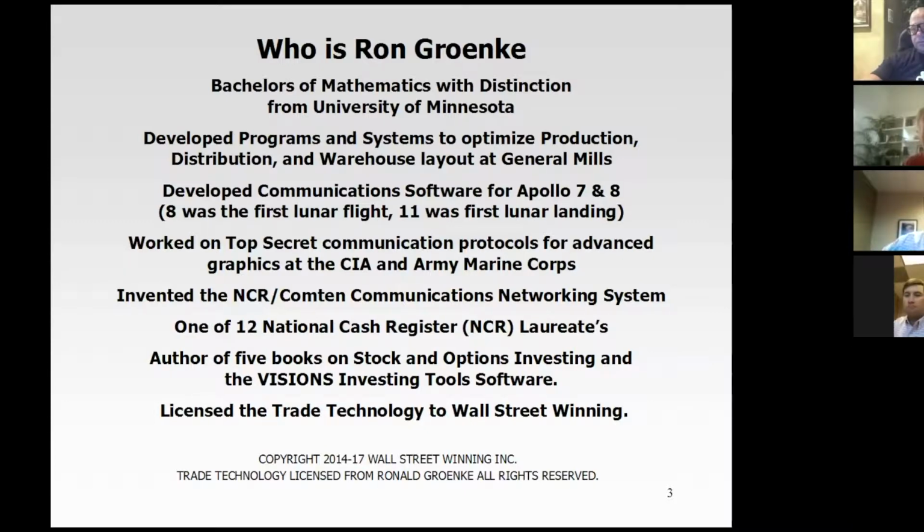I invented the NCR Content Communications Networking System while at NCR Content. It's basically a packet-based pre-internet system to build private communication networks for major corporations. At NCR, I was one of 12 NCR Lord Award winners, and I'm the author of 5 books on investing and Envision's investing tools software, and I've licensed that trade technology to Wallstreet Winning.